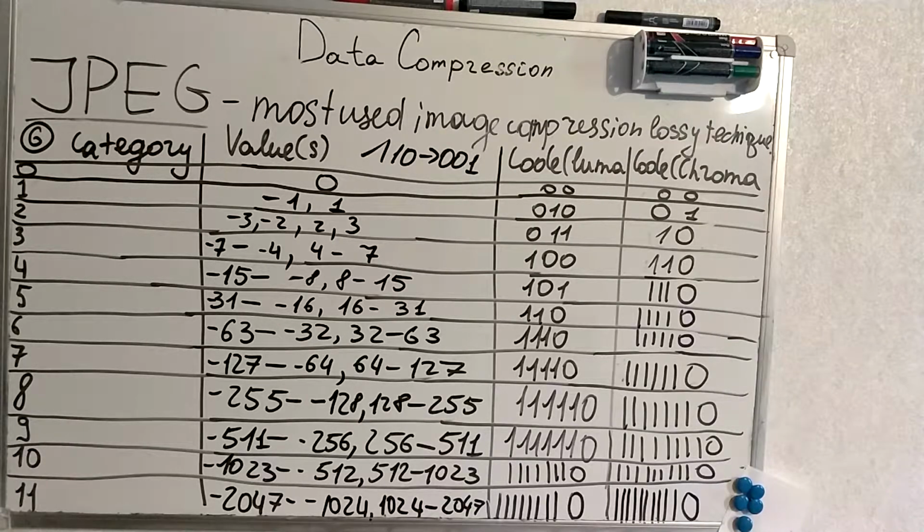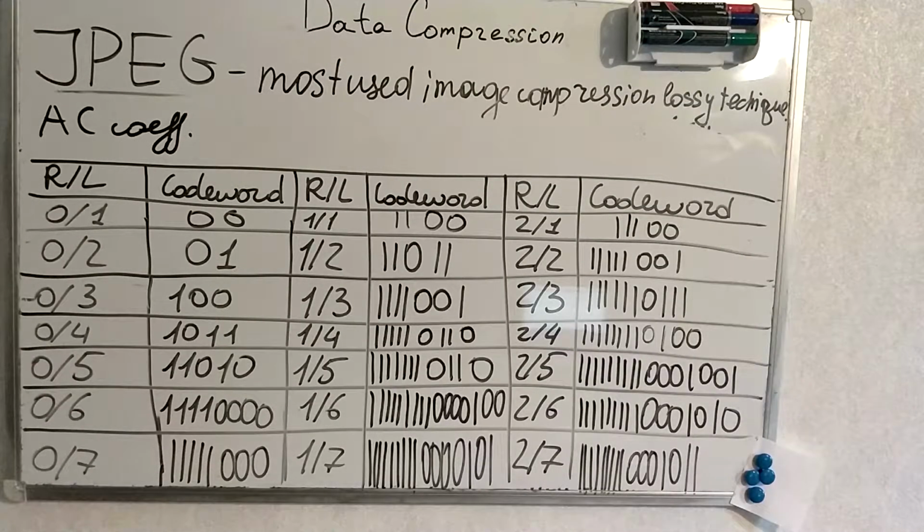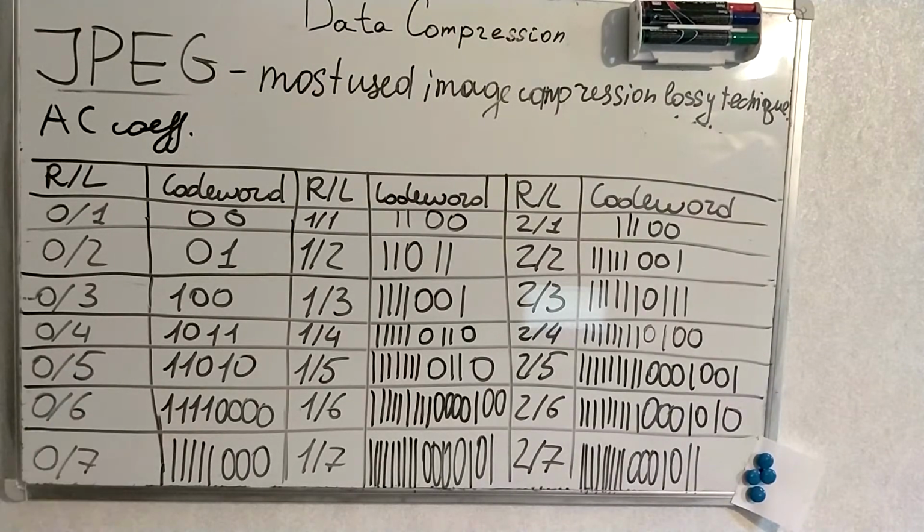Now we will come to the AC coefficients. This is the encoding table predefined in JPEG for AC coefficients. We have to determine which run length we have, and once we have determined that, we can use the code word from the corresponding entry. We know that most of our AC coefficients are quantized very harshly, and thus there will be a lot of zeros produced.